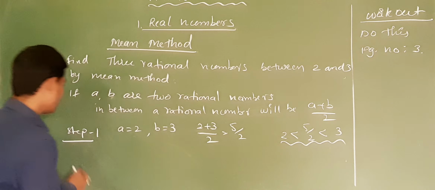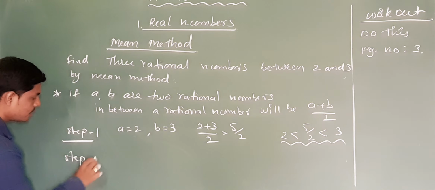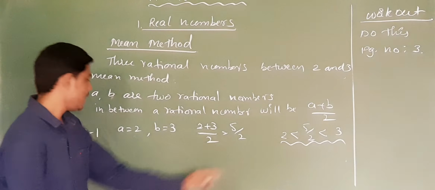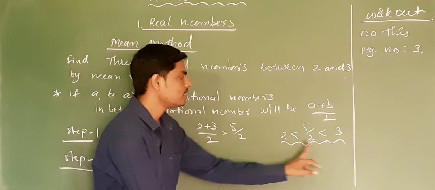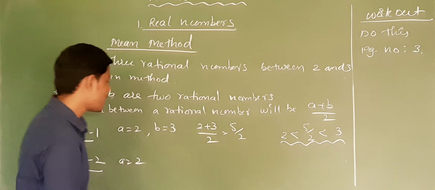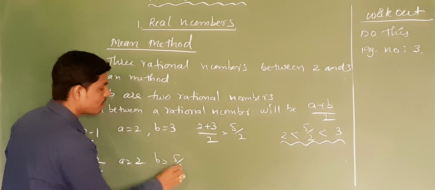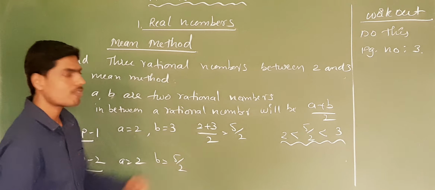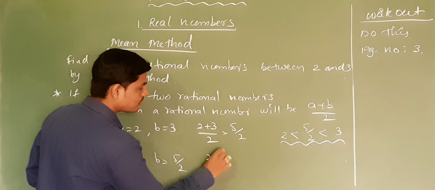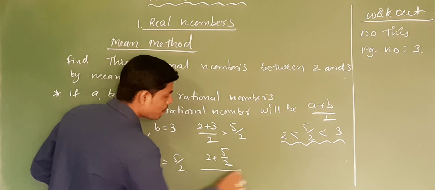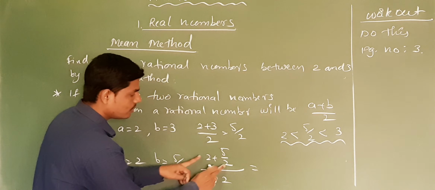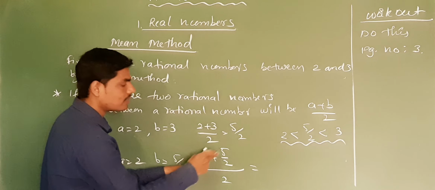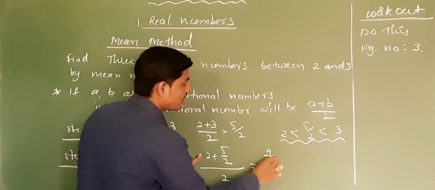Now, step 2. A is equal to 2, and take the next immediate number 5 by 2 as B. B is equal to 5 by 2. Now apply that formula. (2 plus 5 by 2) by 2 is equal to, 2 2s are 4 plus 5, that is 9 by 2.